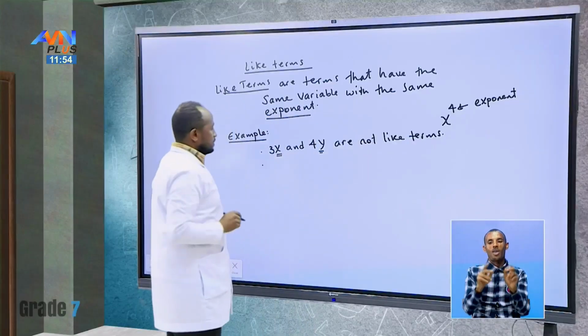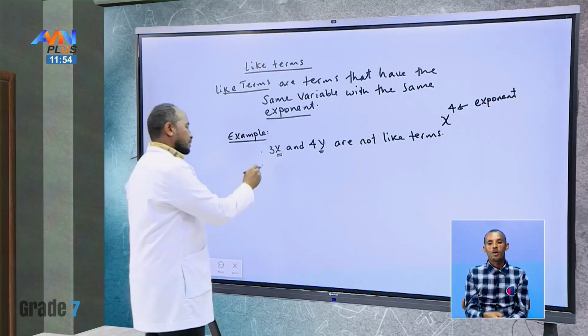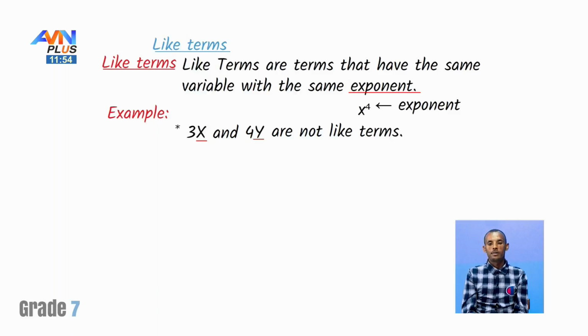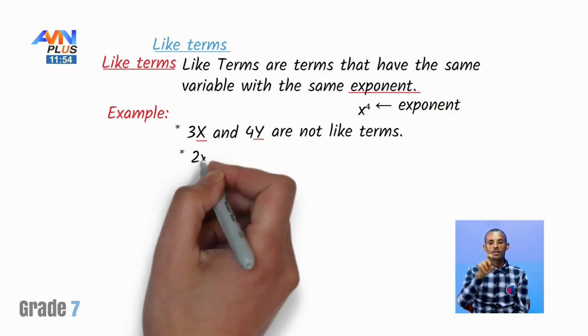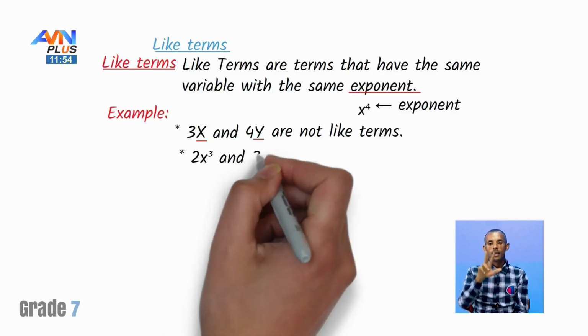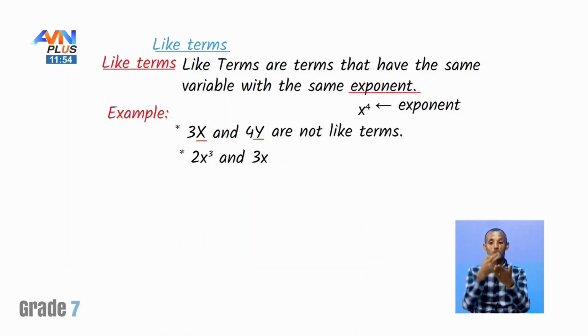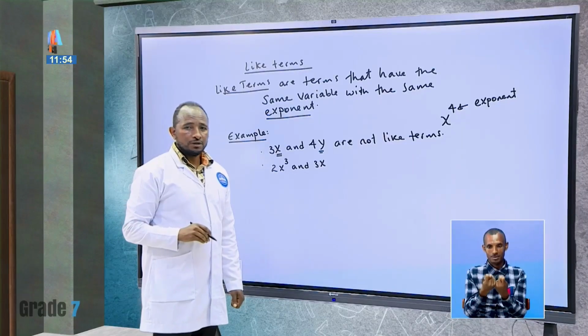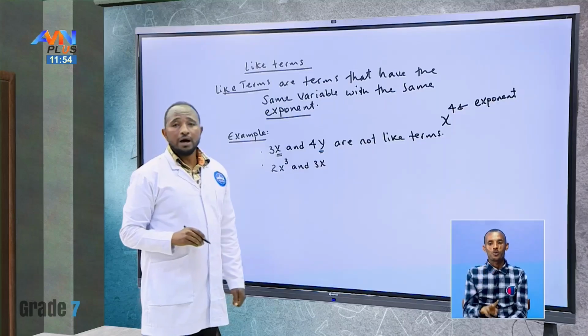Okay, let's see this one: 2x to the power of 3 and 3x. Are these two like terms? They are not like terms.